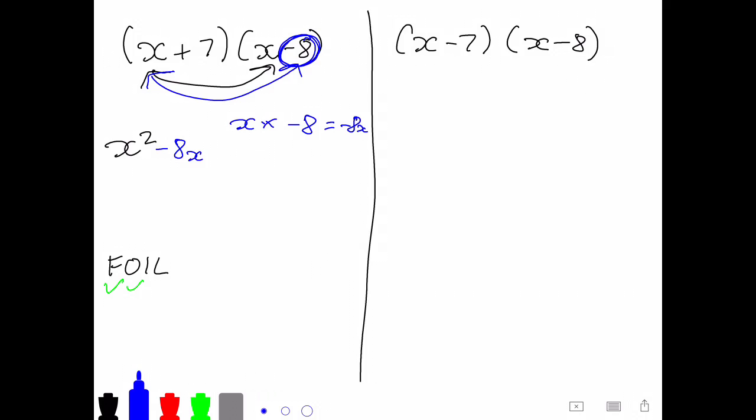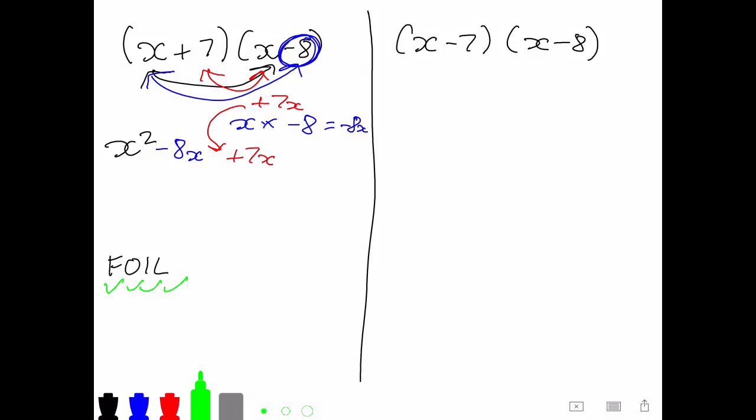Then we move on to inside. So do these. That would give us plus 7x. And they're both positive because neither the x nor the 7 has a negative before it. So bring this down here. Plus 7x. And then we do last.